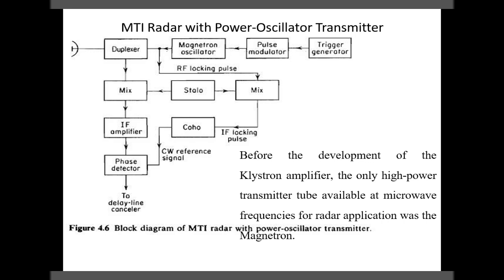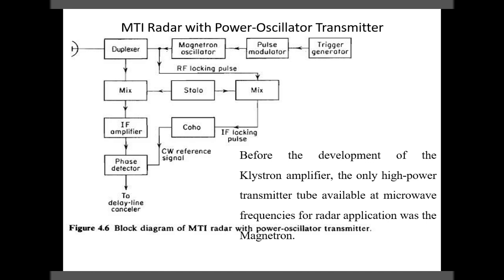Whatever signal is generated by this magnetron can be used as an RF locking pulse given to the mixer in the receiver as a reference signal, and the transmitter section signal, that is the magnetron oscillator pulse signal, is given to the antenna through the duplexer.